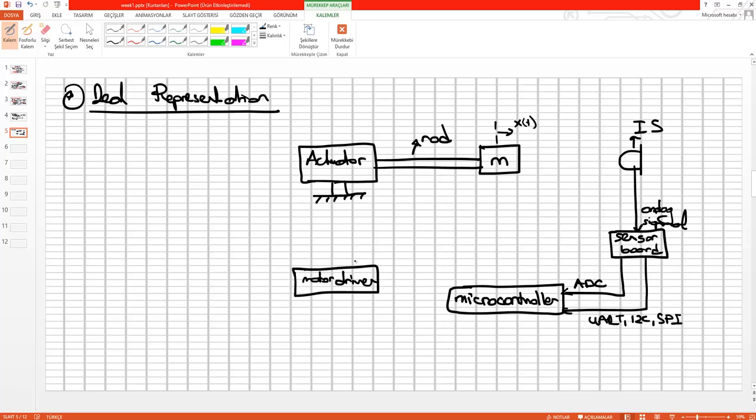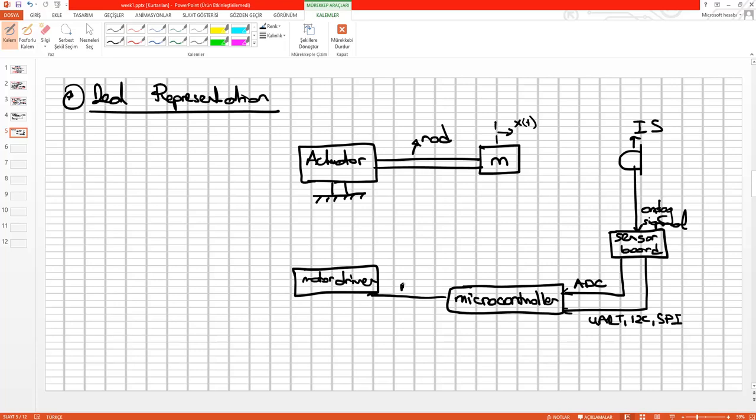For example, for a step motor, a step driver should be used in here. Or for the DC motor, we need to build some transistor mechanism to increase or gain the voltage value or the current value based on the command values coming from this microcontroller.